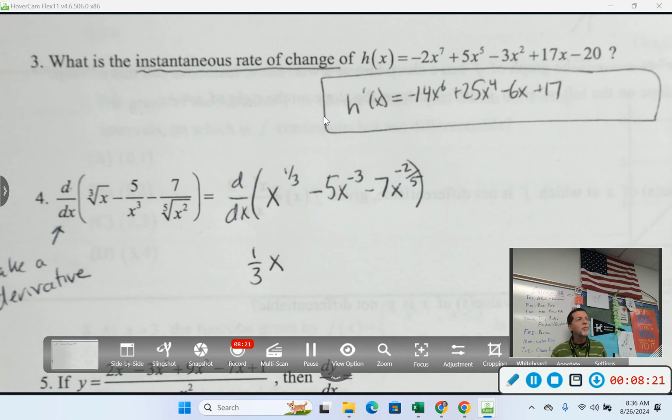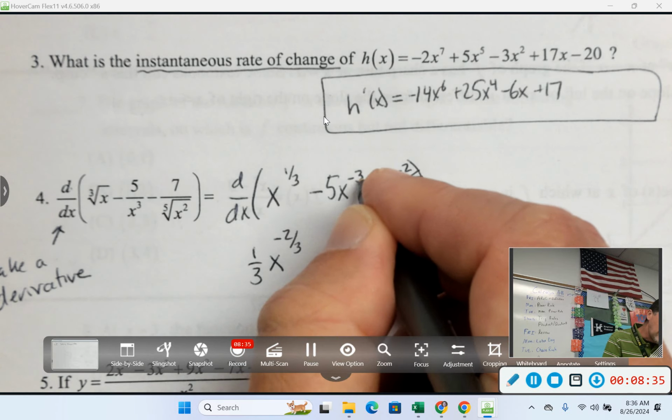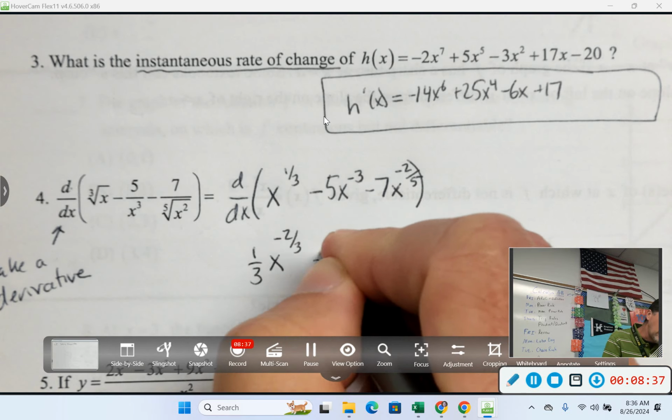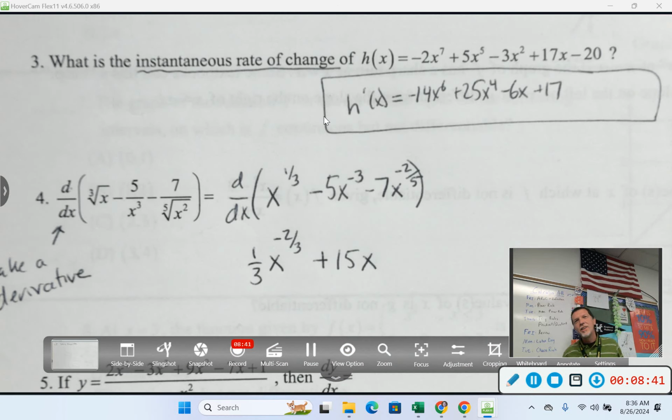Oh, here's where I should pull popsicle sticks and put people on the spot for their fraction abilities. What's 1/3 minus 1? Negative 2/3. Let's see, negative 3 times negative 5 would be plus 15. What's negative 3 minus 1?